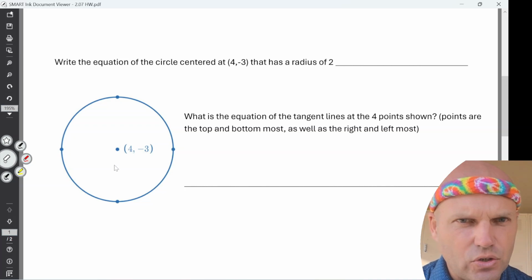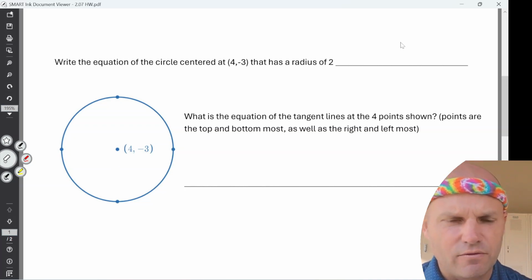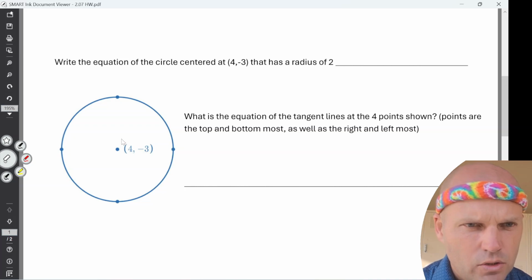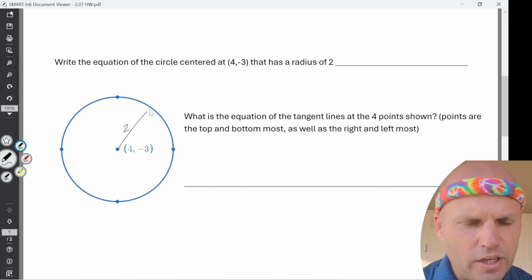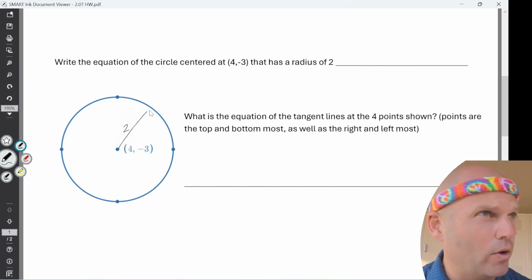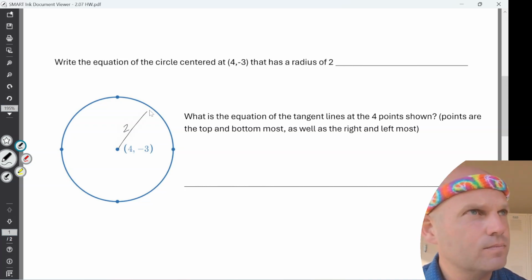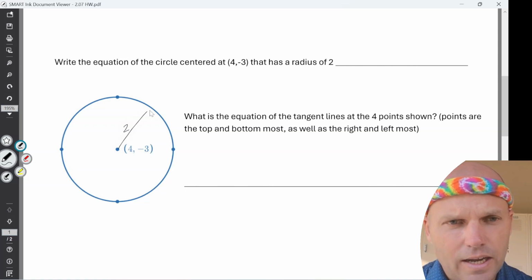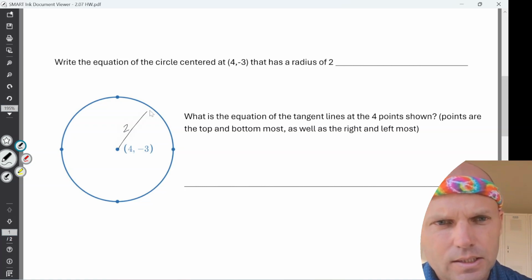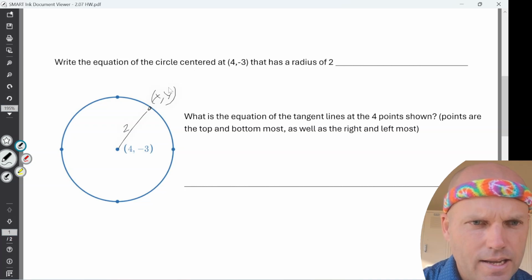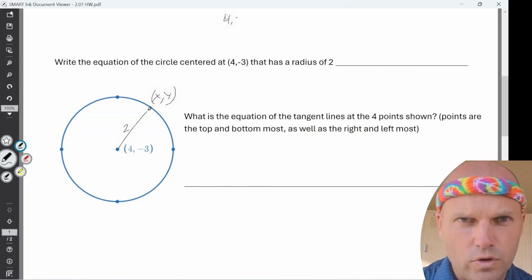What is the equation of the circle centered at 4, -3 that has a radius of 2? If the radius is 2, and I'm looking at any xy point that lies on the circle, I know I have an x change from 4, -3 to the point xy.